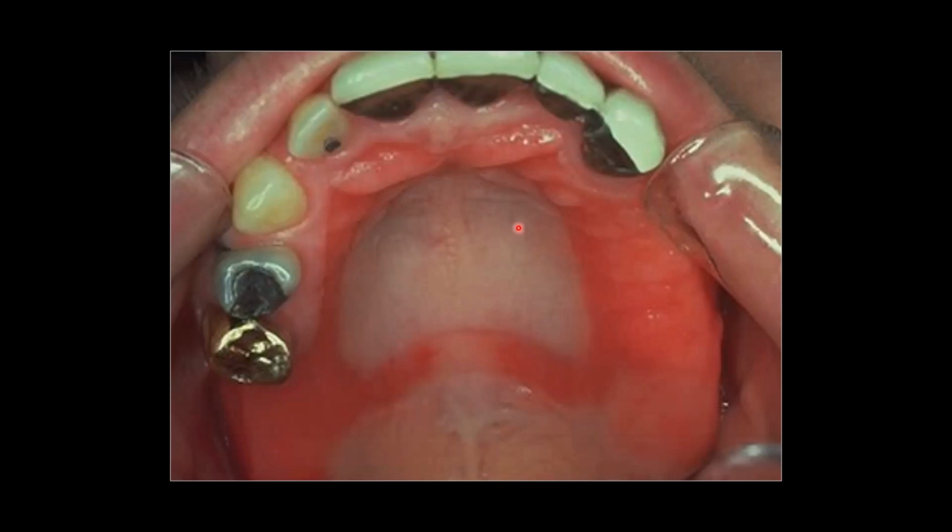This person didn't want to have the palate covered, because when you cover the palate with plastic, you don't have the sensation that you get with eating. You don't feel the heat. You don't have as much taste. So that's sometimes why they leave the palate open.